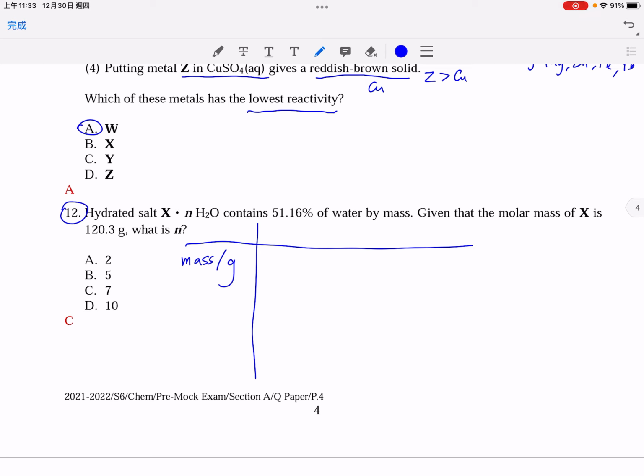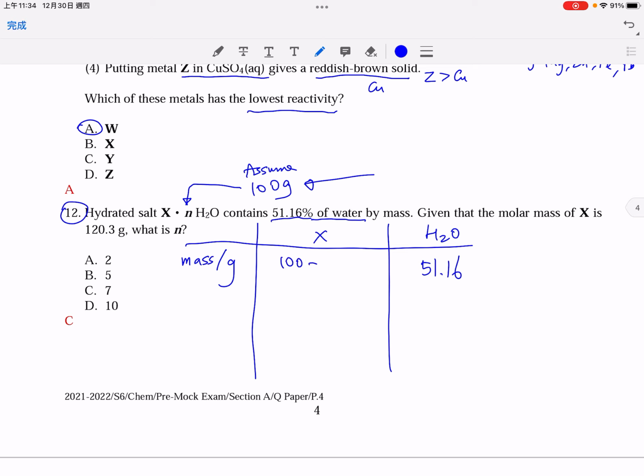So suppose the mass of the sample is supposed to be 100 grams, then based on the information provided, 51.16%, if we assume that the sample has such a mass, then there is 51.16 grams of water. So for X, just do this subtraction.